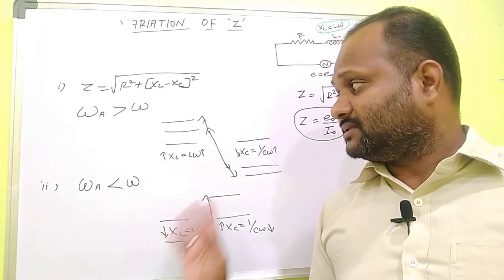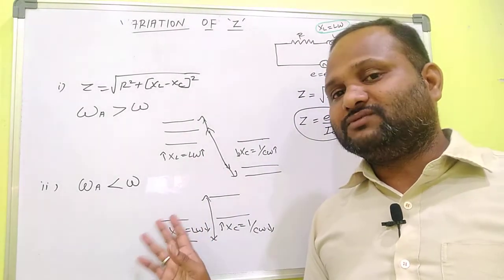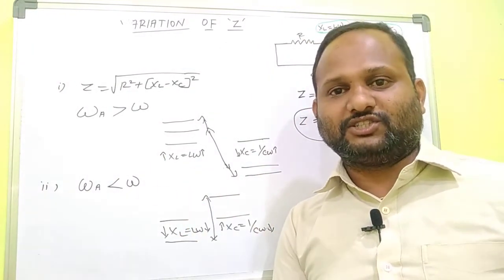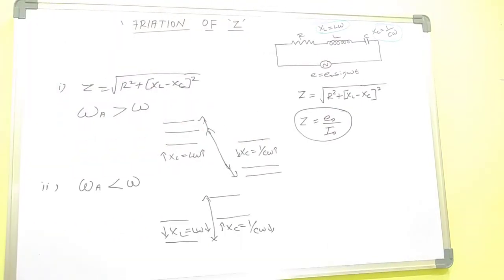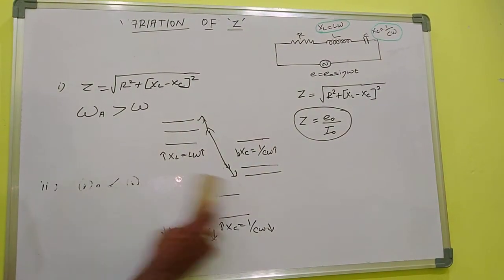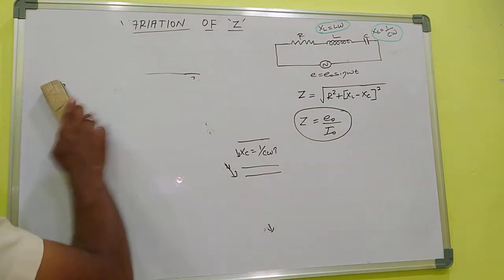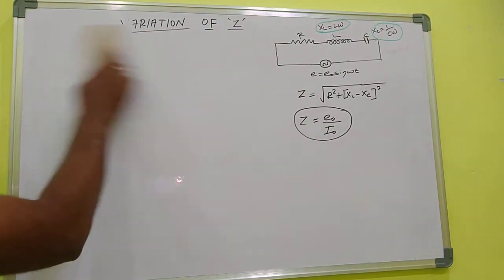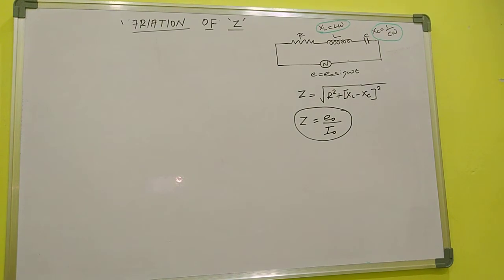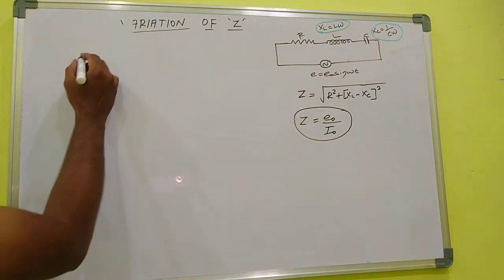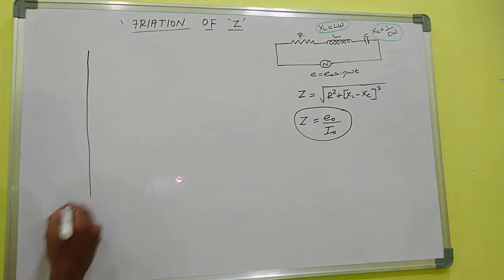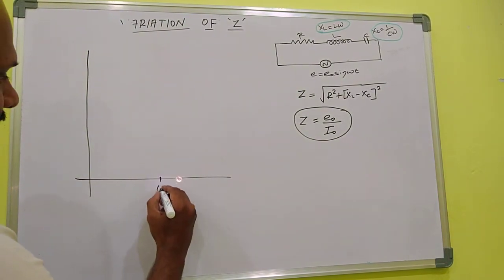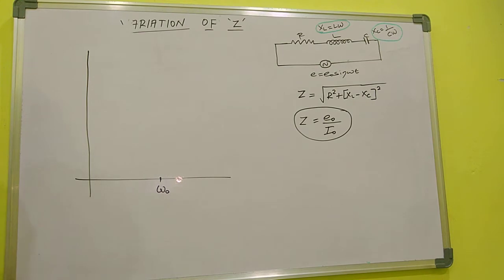It is very easy to learn this with the help of a graphical representation. Let us wait. This is omega naught, the natural frequency.